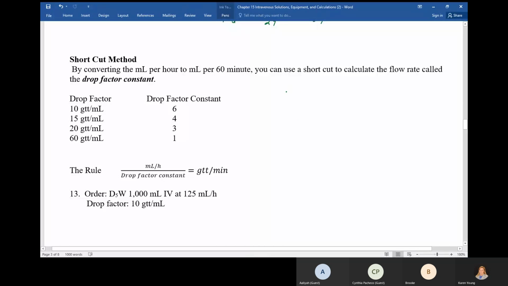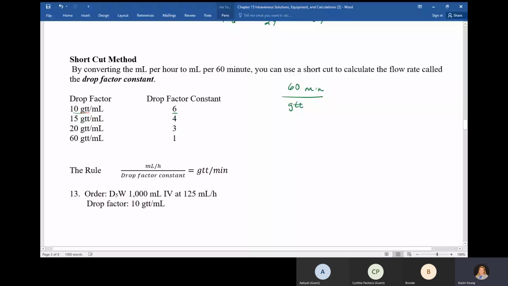And basically, you're saying to work these, it's 60 minutes divided by your drops, okay, per milliliter. So to get the 10 drops per milliliter, to get your drop factor constant, take 60 divided by 10, and that's where they get the 6.